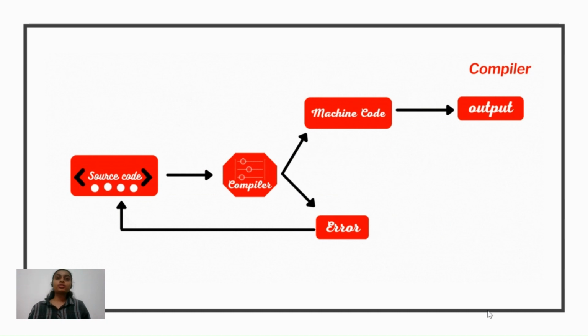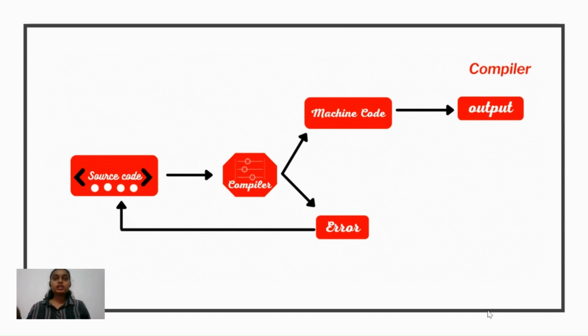Like all the lines of code present in a file are converted at a time into machine code, not line by line. After converting into machine code, we'll get the output. If at all there is any error occurring during the execution process or during conversion, then the message is sent back to the code again to run once again.